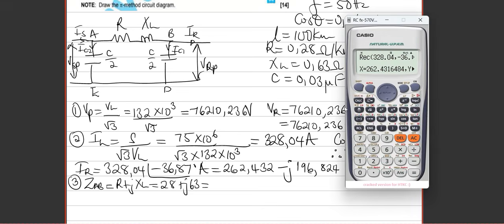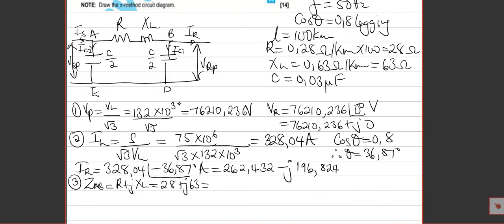I have this number: 68,942 at the angle of 66,038 ohms.